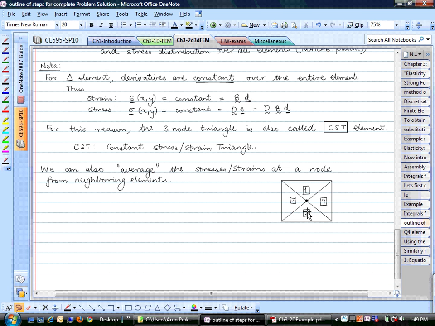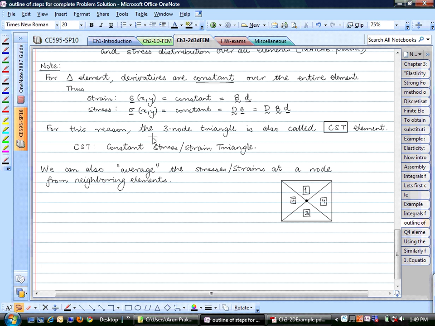When we talk about quadratic elements and higher order elements, I'll tell you there are some other ways of getting an average value of stress at each node. So if you go to this node, there are these two triangles, there may be other triangles. You have to average all those values and put them here. And that is again something that you will plot with the patch command. Okay.